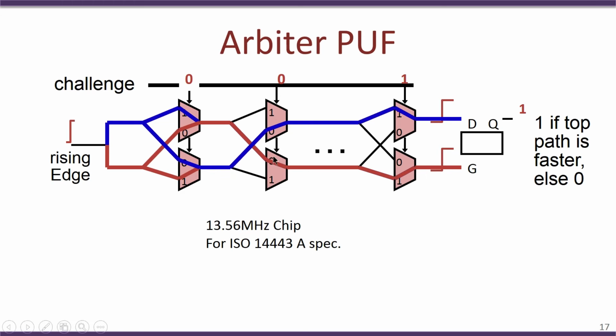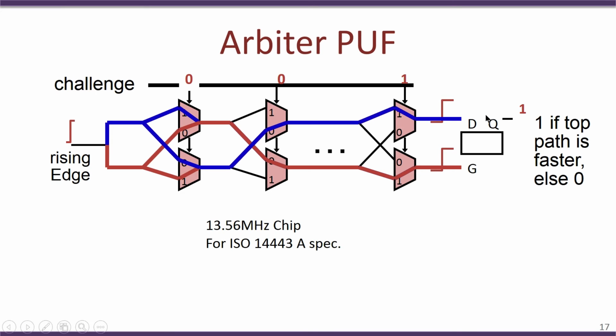So, after cascading through a number of such switches, one of these lines, either the blue or the red line, would reach the output faster than the other. We also have a D flip flop over here, which measures which of these two lines is in fact faster, and correspondingly gives an output of either 0 or 1.